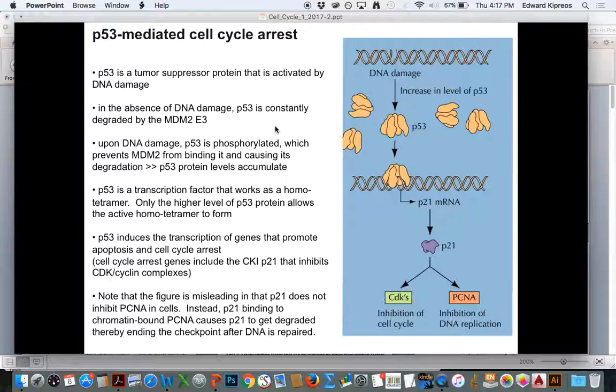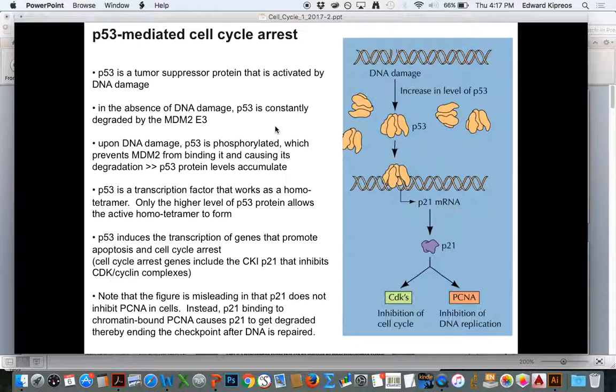It's phosphorylating P53. Suddenly, when P53 is phosphorylated, MDM2 can't bind it anymore. So now you're going to start accumulating P53. It's phosphorylated, and now you start accumulating enough P53.